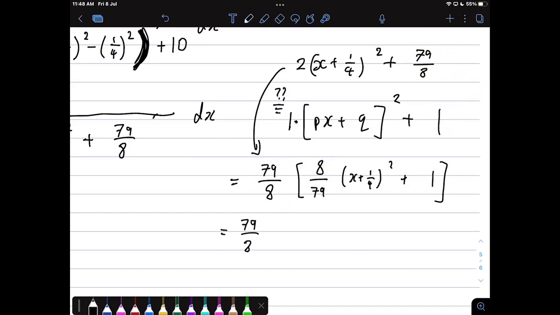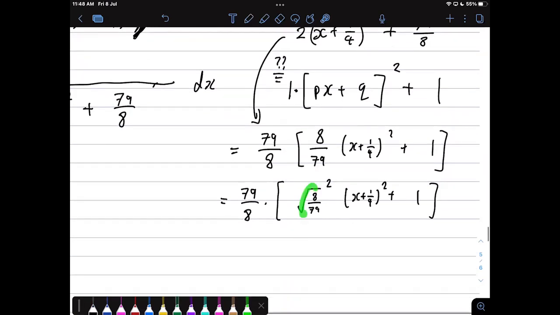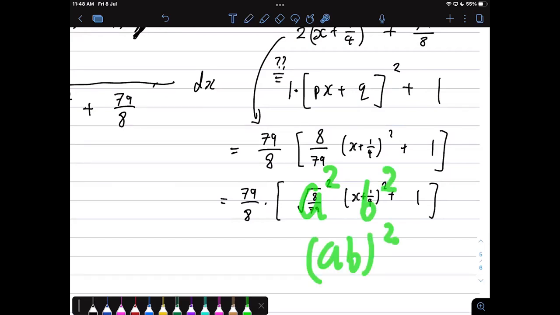Then 79 over 8, I'll leave it alone, multiply. Then over here, 8 over 79. Do you agree that it's really just the square root of 8 over 79, squared? Yes. Times the rest. So if you have a squared times b squared, isn't that just (ab) squared?